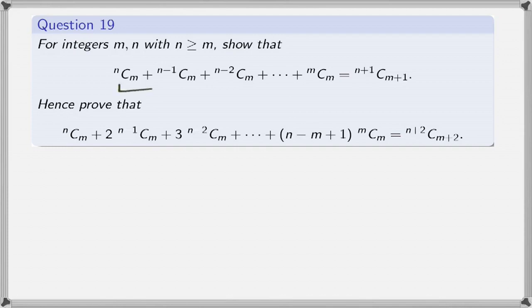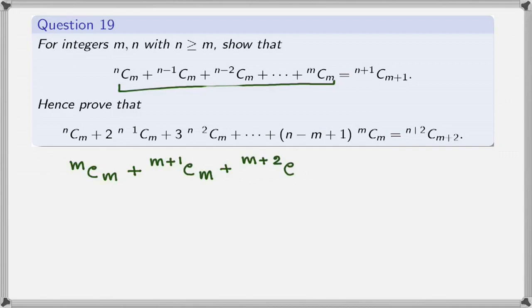We write this expression in the reverse direction, that is mCm plus (m plus 1)Cm plus (m plus 2)Cm plus so on and so forth (n minus 1)Cm plus nCm.